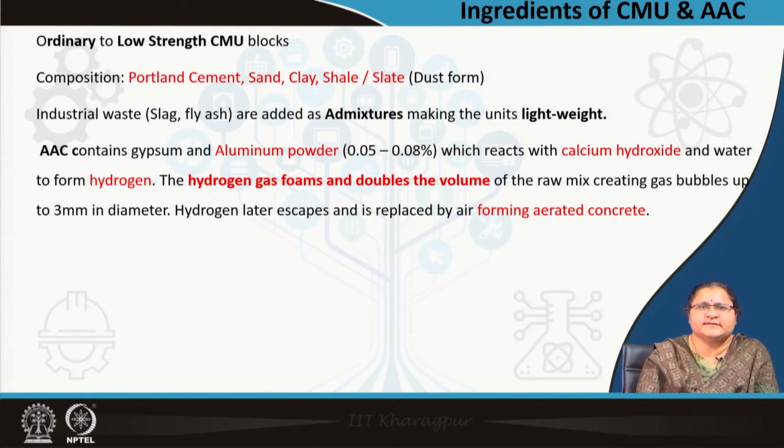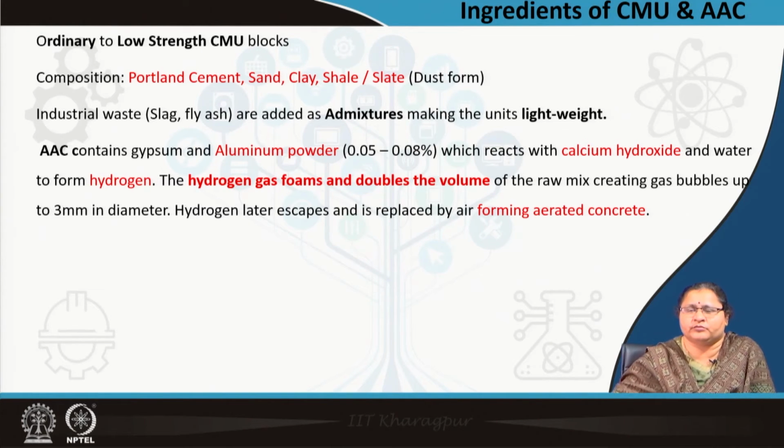It contains gypsum and aluminium powder, very little, 0.05 to 0.08%, but which actually reacts with calcium hydroxide and water which you are mixing while preparing, and hydrogen is liberated. This hydrogen gas actually foams and doubles the volume of the concrete itself.